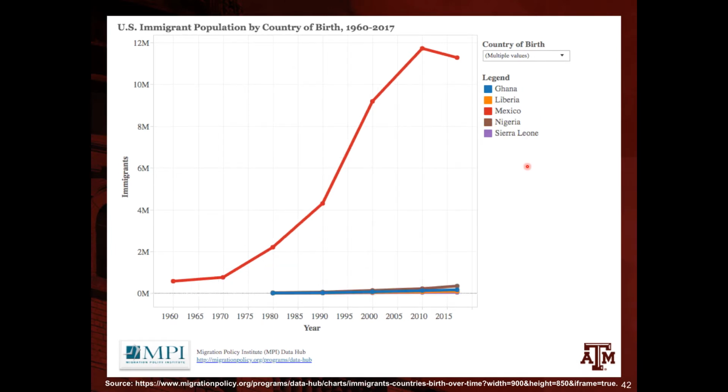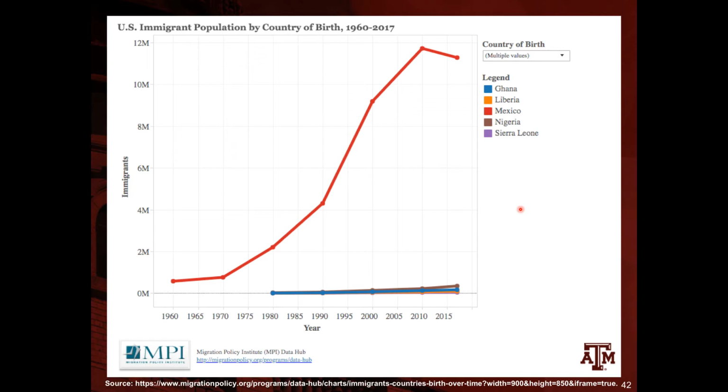In this one here, I selected these four African countries: Ghana, Liberia, Nigeria, and Sierra Leone. They are all in West Africa, and they all have English as their first language.